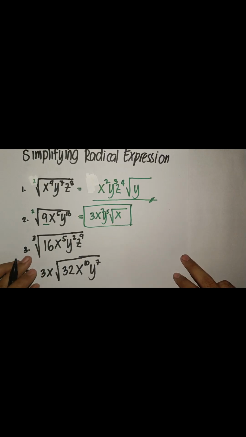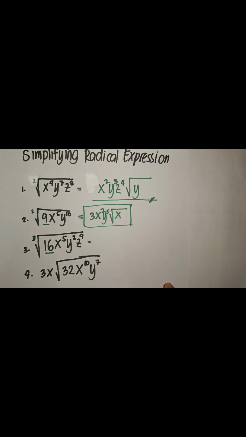Next, cube root of 16x to the exponent of 5 y squared z to the exponent of 9. So first, 16. Since 16 is not a perfect cube, because 2 times 2 times 2 is 8, not 16, and 3 times 3 times 3 is 27, not 16, we are going to find the factors of 16, and one of the factors is a perfect cube.